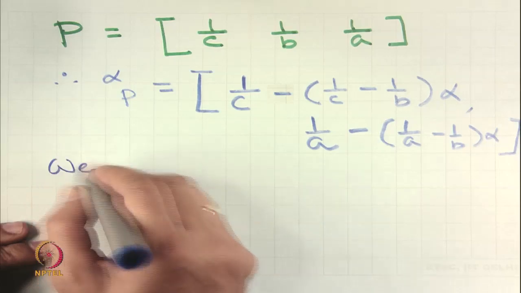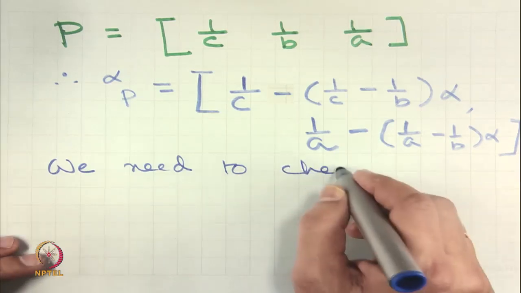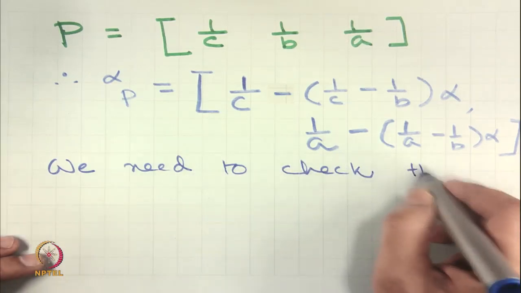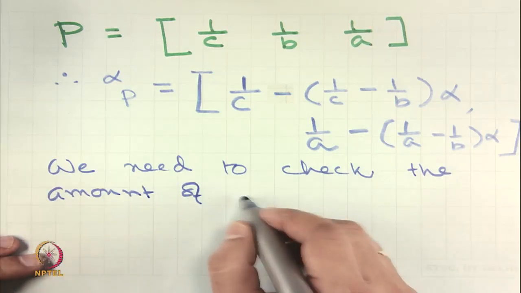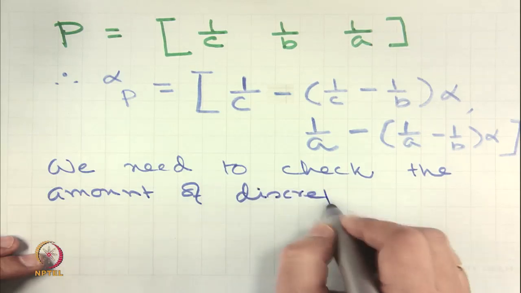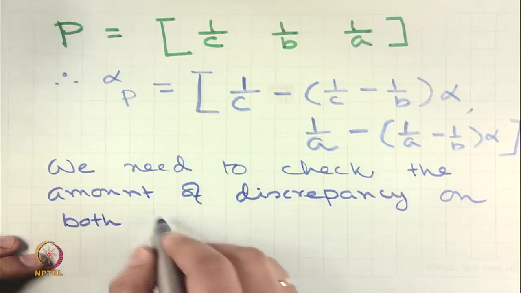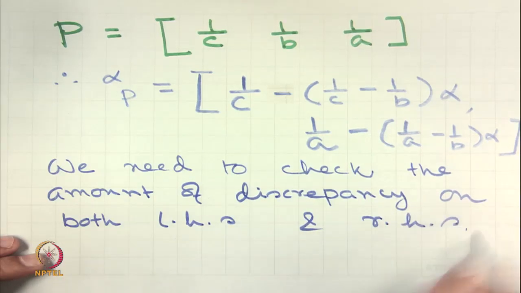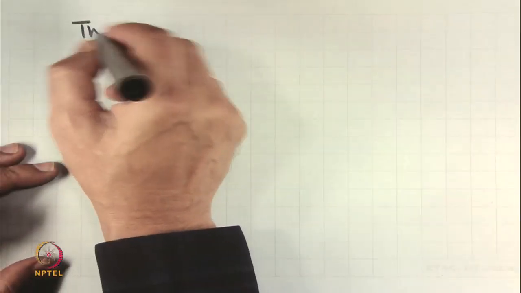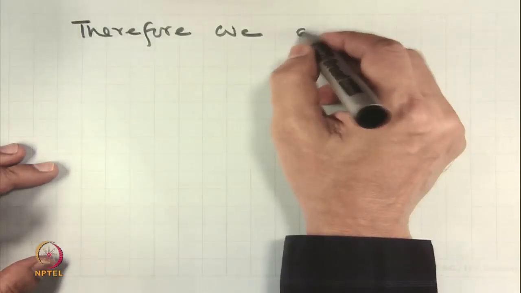We need to check the amount of discrepancy on both left hand side and right hand side. Therefore, we do the following.